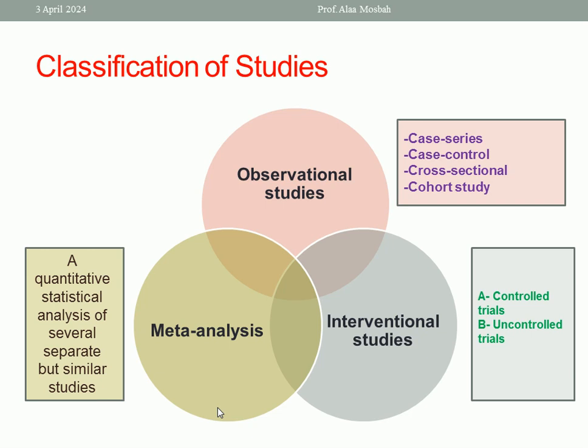We collect all these data and do the analysis, so we reach the top of the level of evidence of the pyramid as we saw before. So this is the observational study, interventional study, and meta-analysis and systematic review.